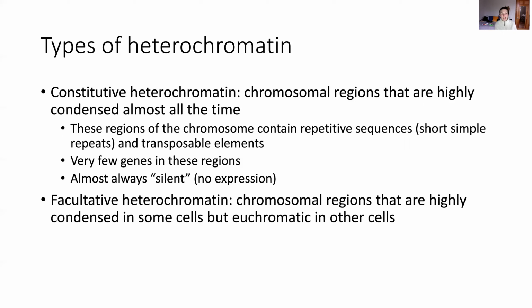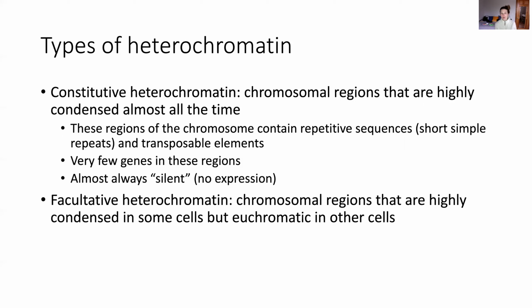And I think we're going to have a quiz question that's going to ask why we think constitutive heterochromatin regions of the chromosome might contain more of these repetitive, non-functional sequences. There are very few actively expressed genes that you need for a cell to function in these regions, and they're almost always silent, so no expression. Constitutive heterochromatin, always heterochromatin, just not being expressed.